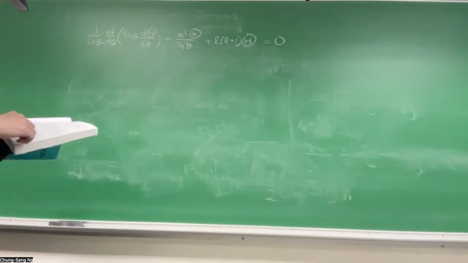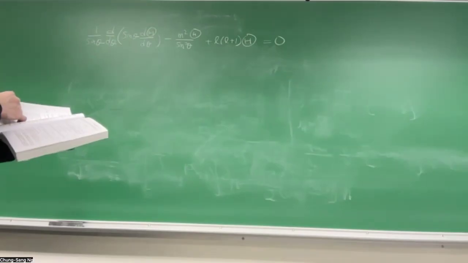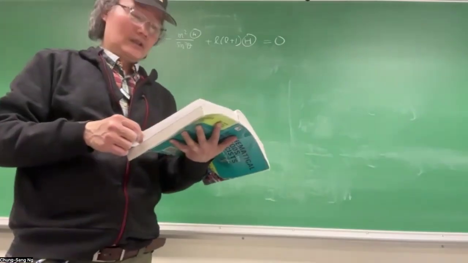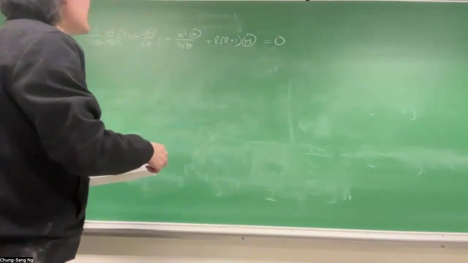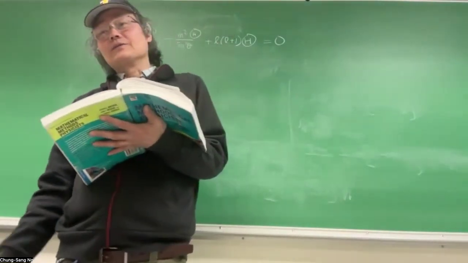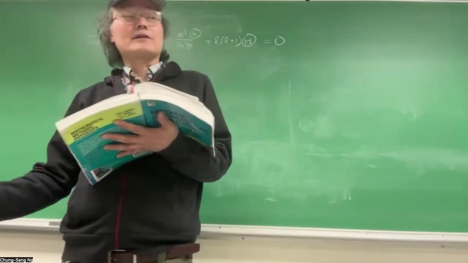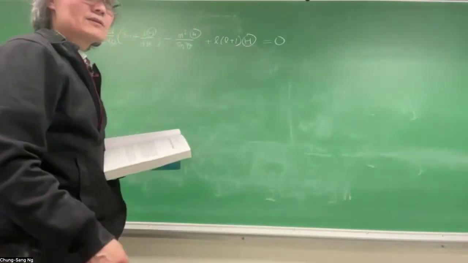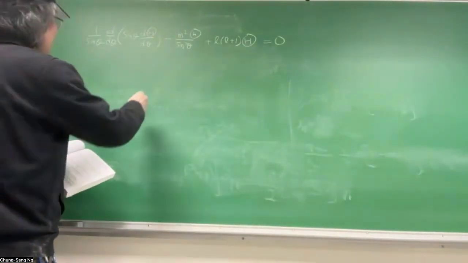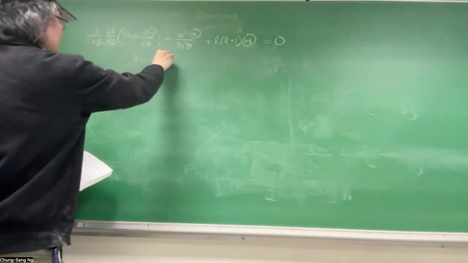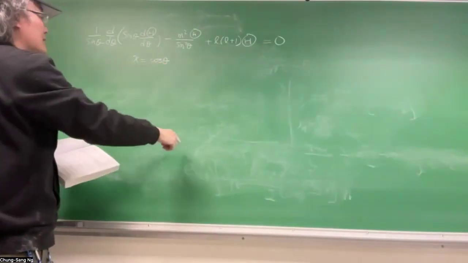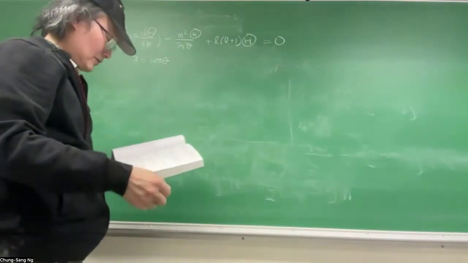And this L times L plus 1 factor, we considered using the series solution, and showed that you require this number so that the solution will be regular at theta equals 0 or pi. If we later do a change of variable, x is defined as cosine theta. Theta is 0, x is 1; theta is pi, x is minus 1. Theta is from 0 to pi, so x is from minus 1 to 1.